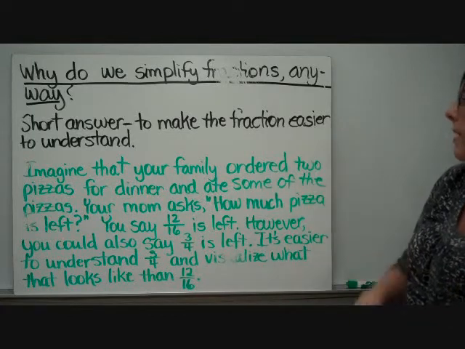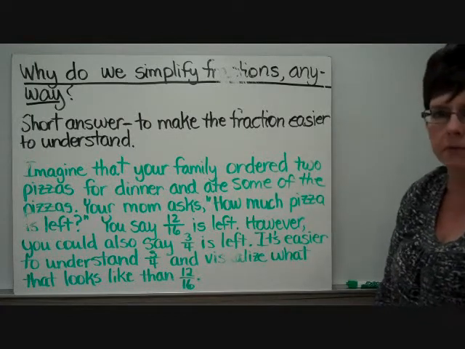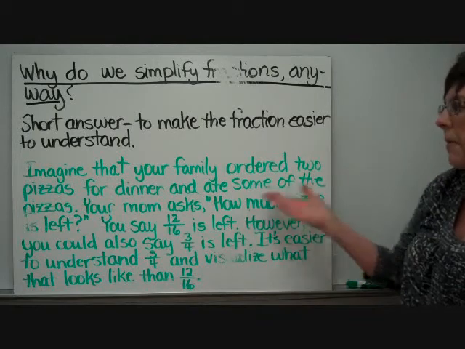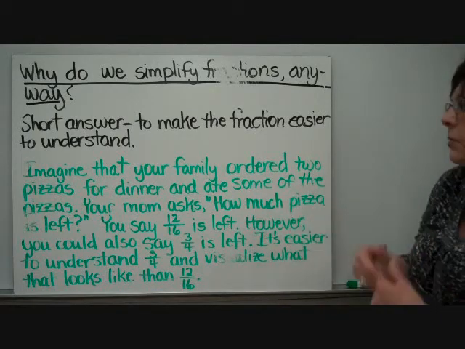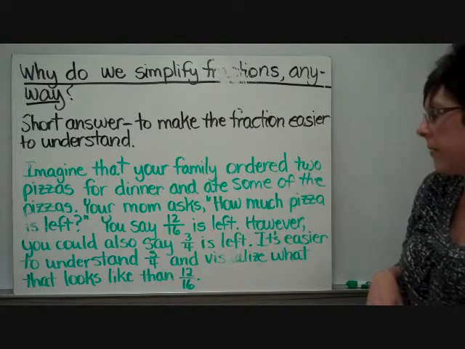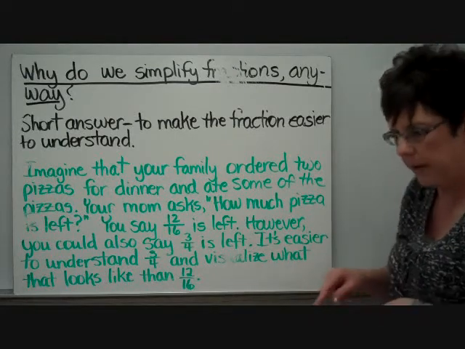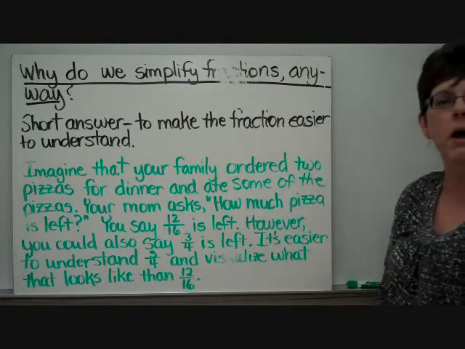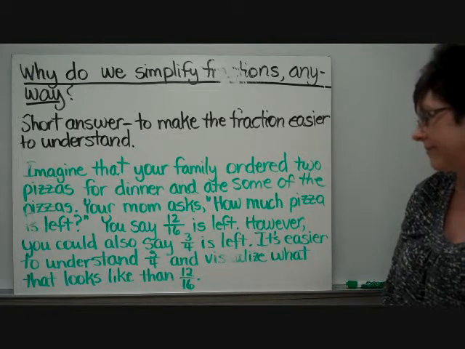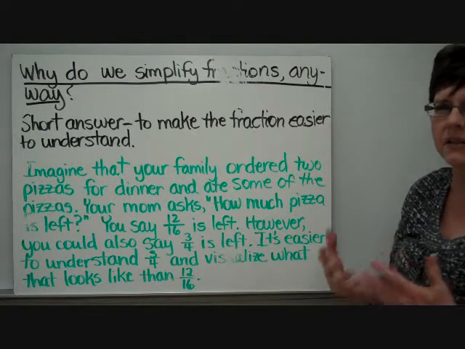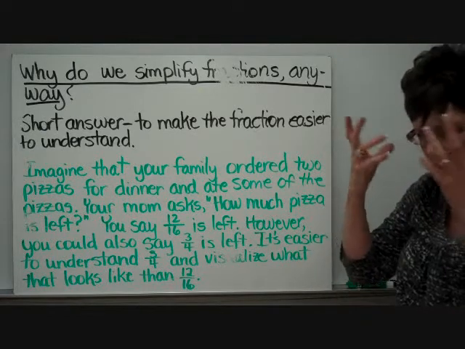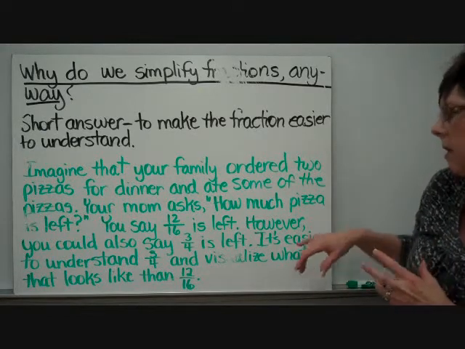Imagine your family has ordered 2 pizzas for dinner and you've eaten some of the pizzas, and your mom says at the end of dinner, so how much pizza is left? Well, you look and you count all the pieces up and you say, well, 12/16 is left. But when you sit there and think about it, 12/16, that's kind of hard to understand, and I can't really wrap my head around that.